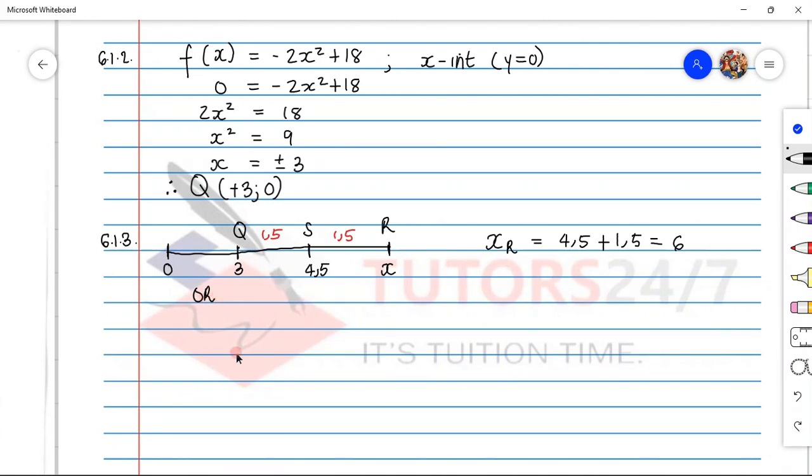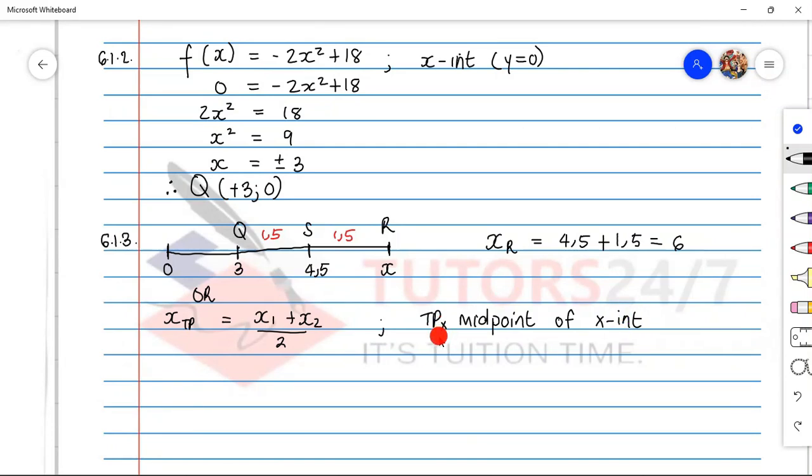So, if we were to use the formula, x of TP equals the sum of our x-intercepts over 2, because our turning point is the midpoint of our x-intercepts.